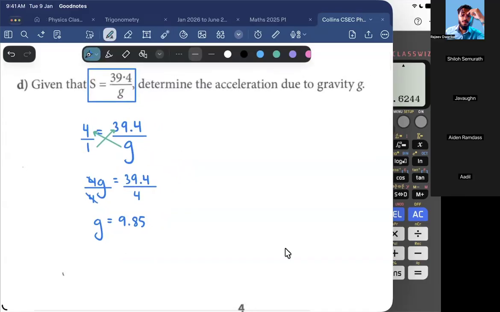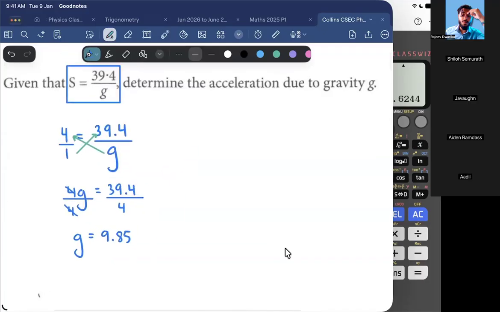Okay, where are the units for G? Tell me, where are the units? What are the units? Anybody want to tell me the units? Sheila, where are the units for G?